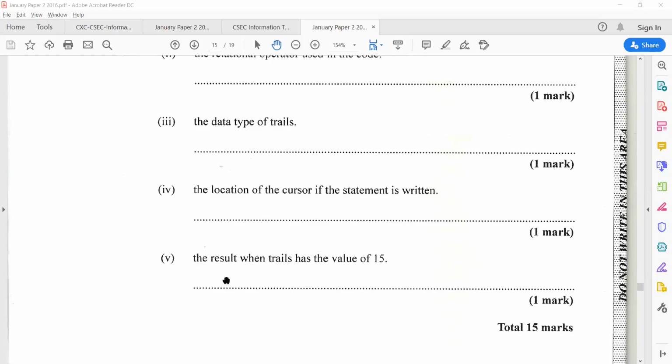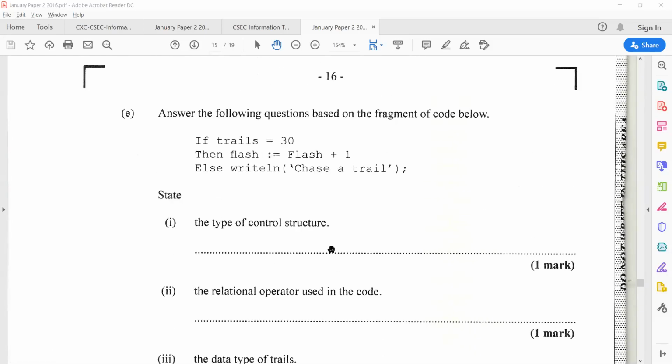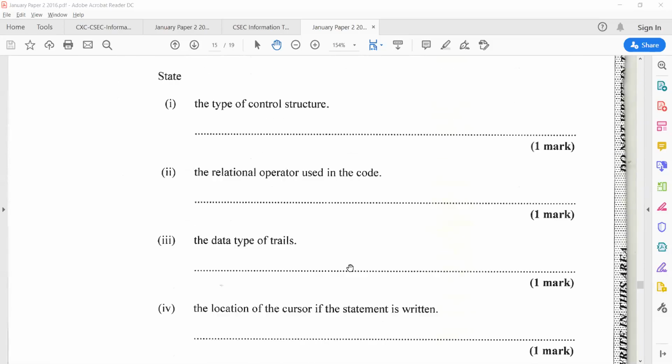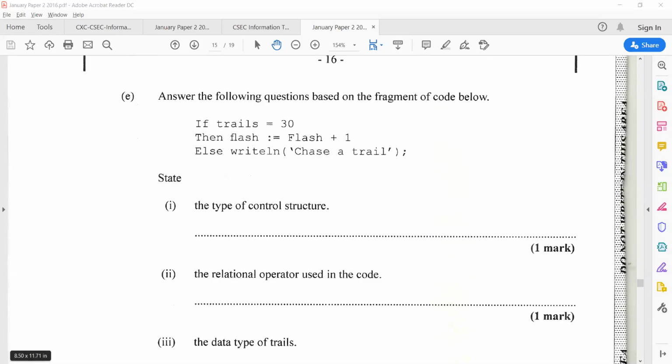And lastly, state the result when trails has a value of 15. Okay, so if trails is 15, is trails equal to 30?